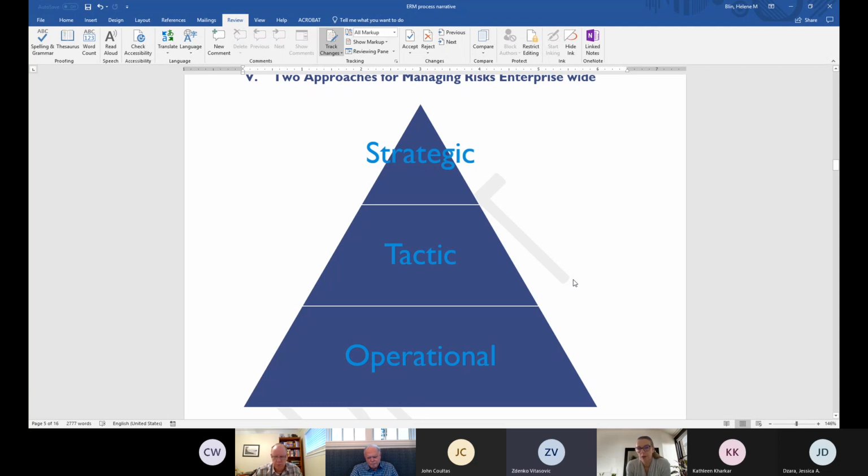Well, the split here between operational, tactic, and strategic is, from a risk management perspective, not time bound. It depends on the relative importance of those elements to achieve the mission and the vision, because risk management is about, as you know, the objective and the potential impact on the objective.